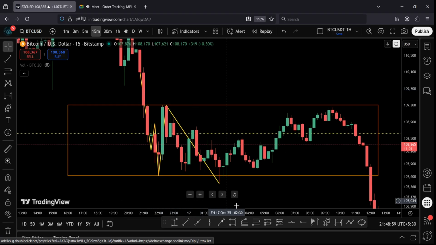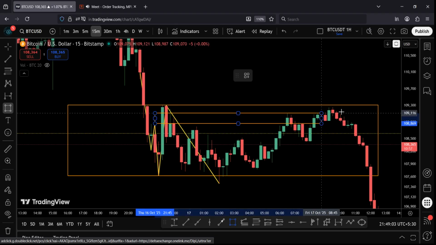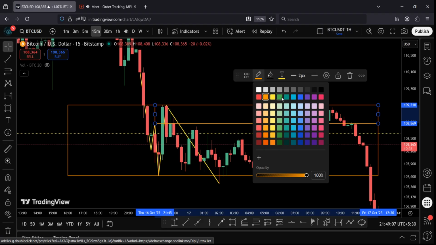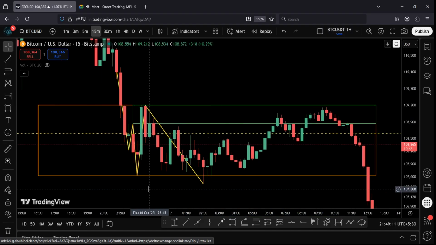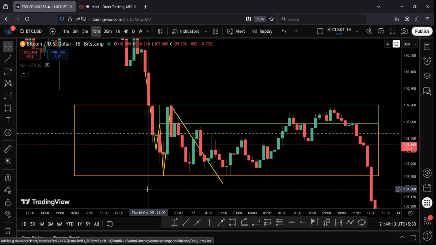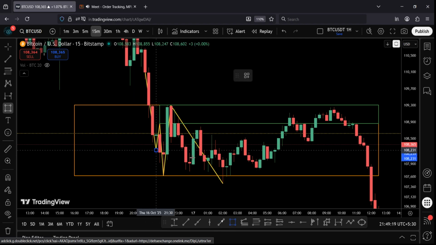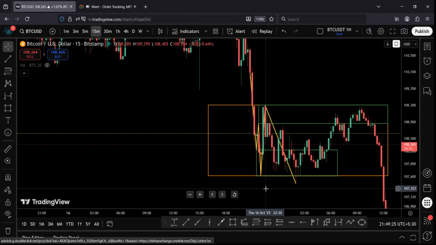Okay, where will be our MPL? From here to here, right? And where will be our RS? RS will be this zone, this zone, right?